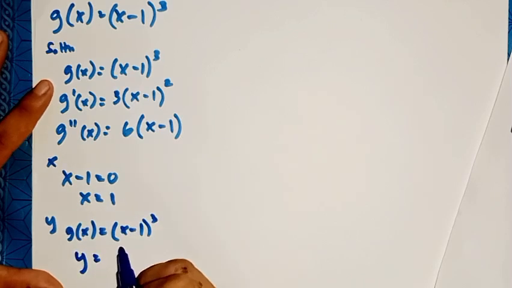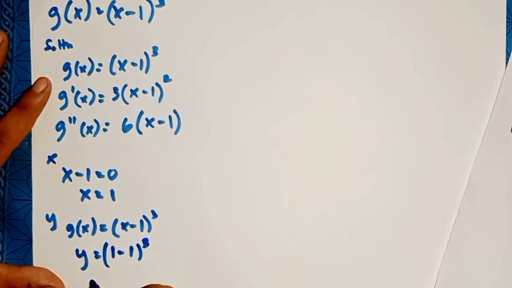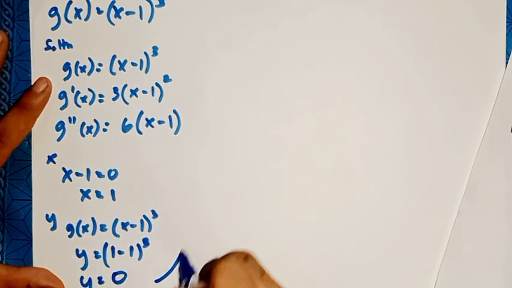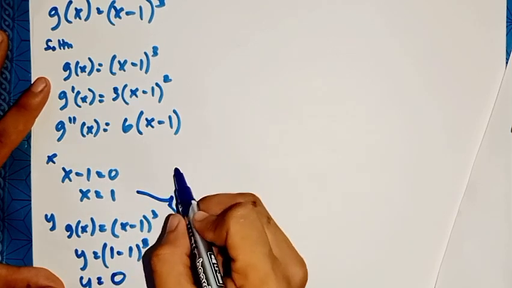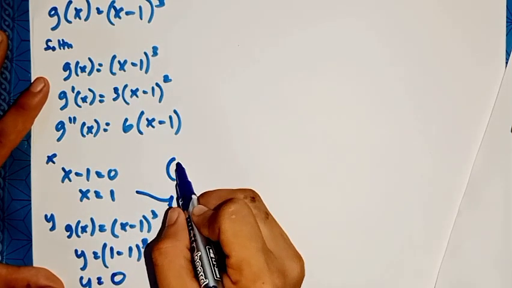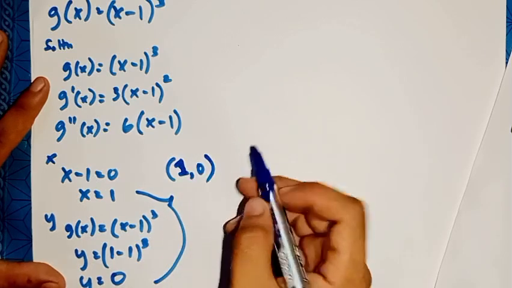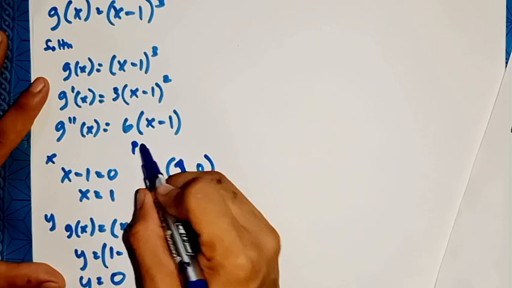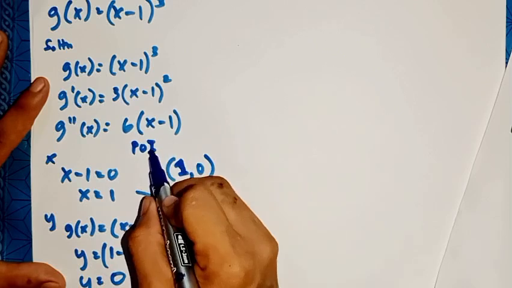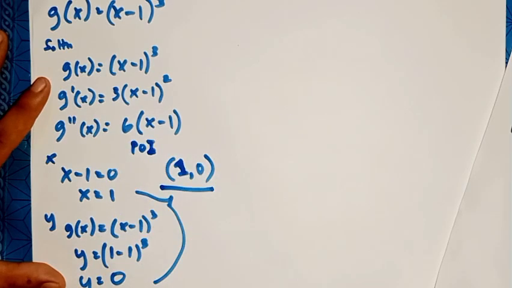So (x minus 1) cubed, the value of x is 1, minus 1. Since 1 minus 1 is 0, therefore y is equal to 0. So our point of inflection is (1, 0). That is our point of inflection.